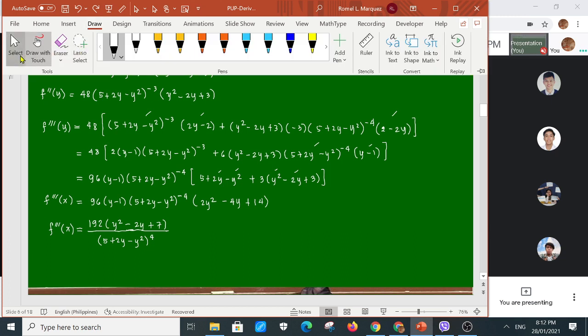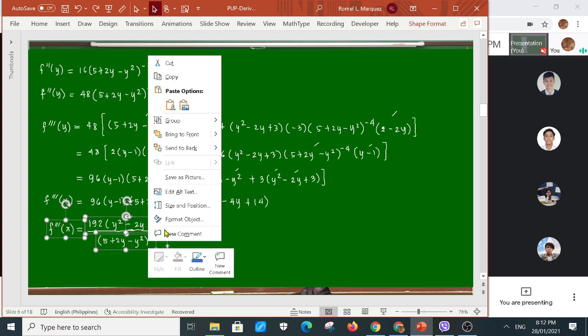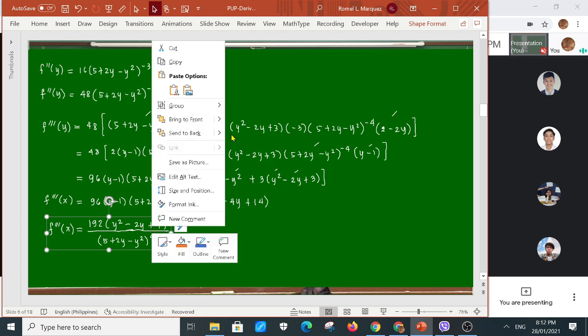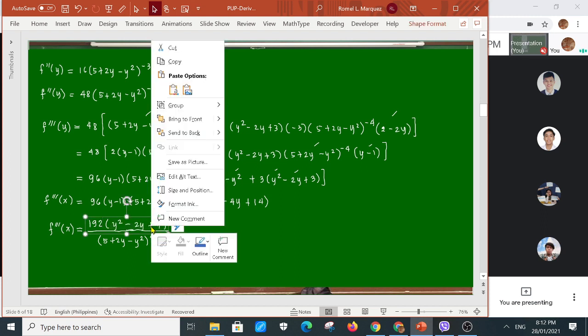Pinabe-verify ko sa inyo kung tama na o hindi. So, ibig sabihin hindi siya tama. Ilalagay ko ngayon sa dulo na lang. I-ungroup ko to. Ungroup. Ay, nag-group ko. Ungroup pala. Ungroup. And then, I will remove this. I will move. Ungroup then.